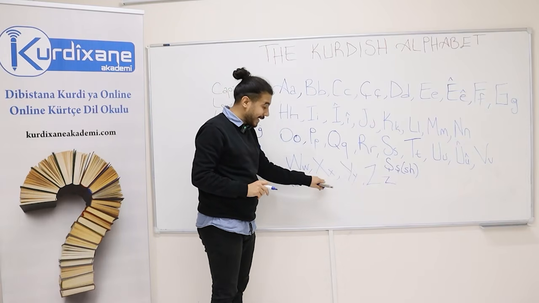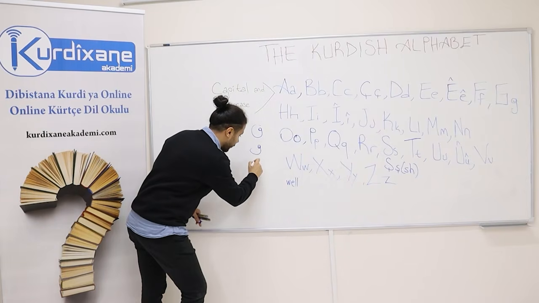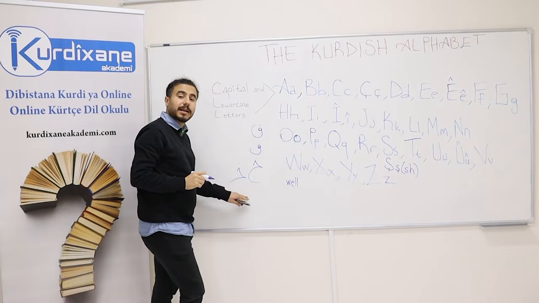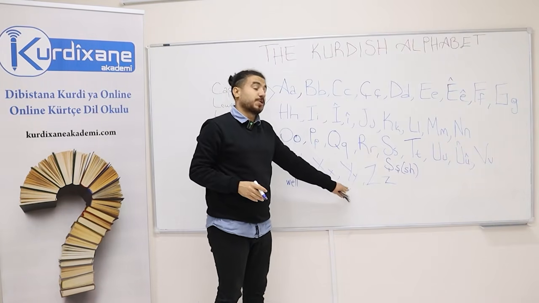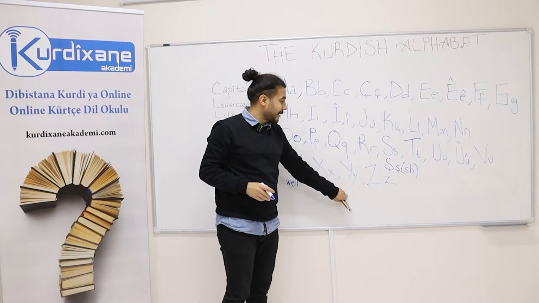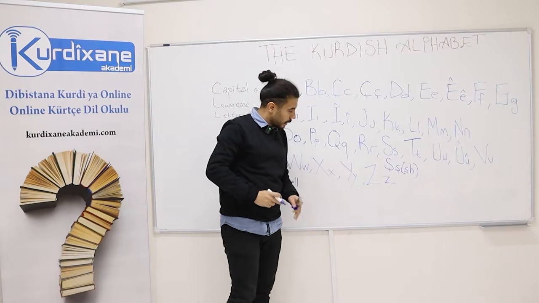You write an X, but you pronounce it as kh. Do you know the sound in the Arabic alphabet? Kh. It is the equivalent of kh. We've got ye, and finally we have ze.